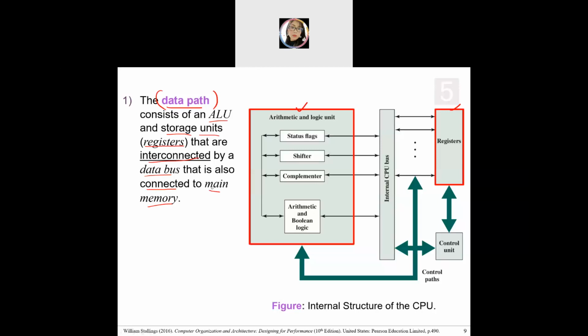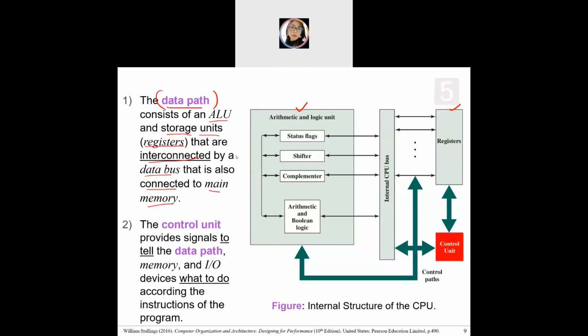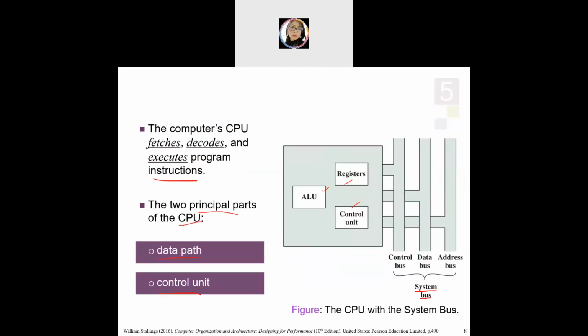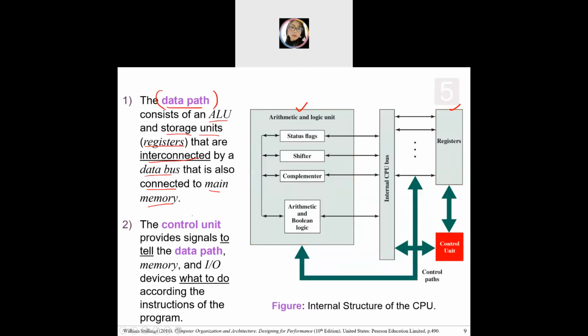Next, we have just two, right? One is the data path, another one is the control unit. The control unit provides the signal to tell your data path, to tell your register and ALU, to tell the data path, memory and input-output device what to do according to the instruction of the program.